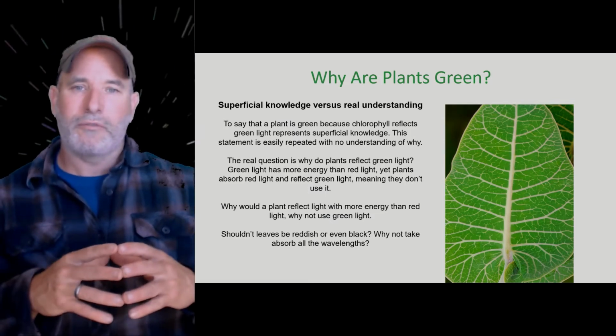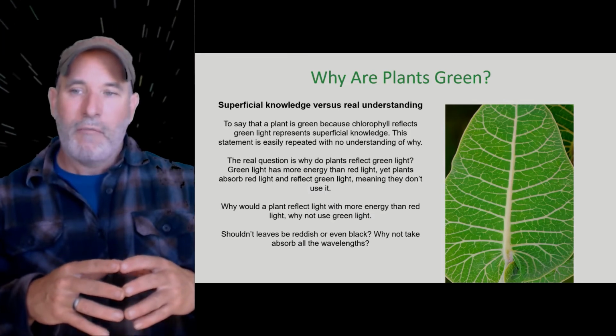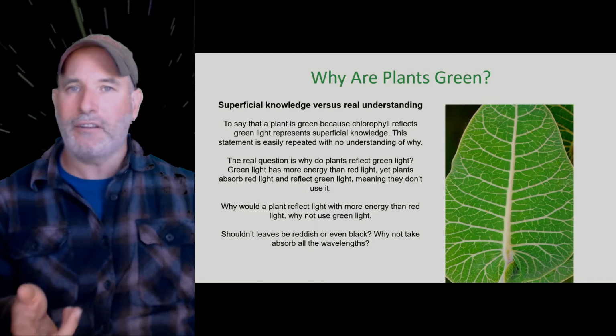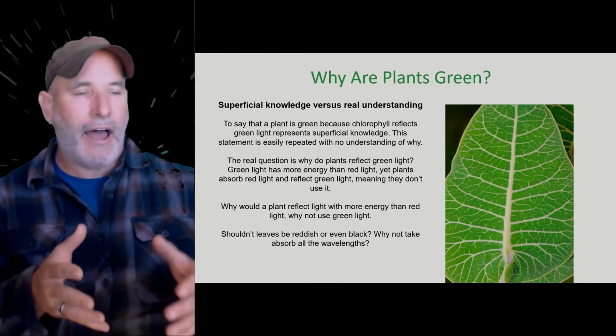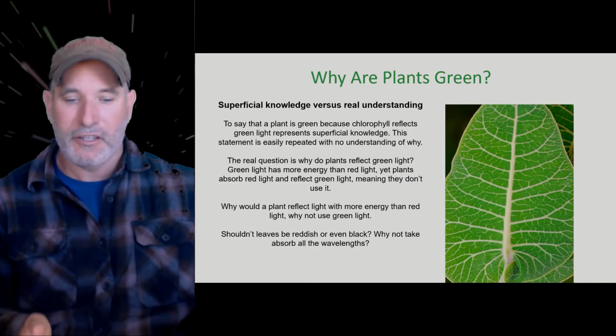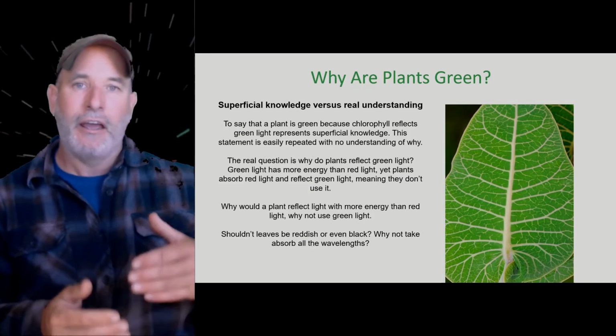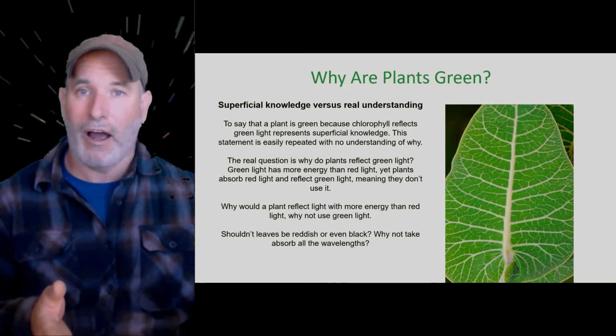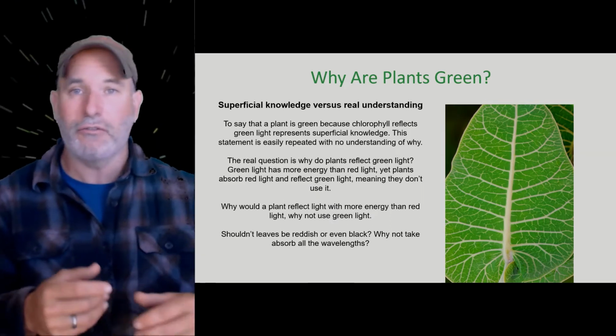Here's where it becomes important to understand why. Because the question is, why would a plant reflect the frequency of light that has more energy than red light, right? I mean, the whole point here is to take the energy in sunlight and transform it into chemical energy that can be used by the plant and life in general, right?